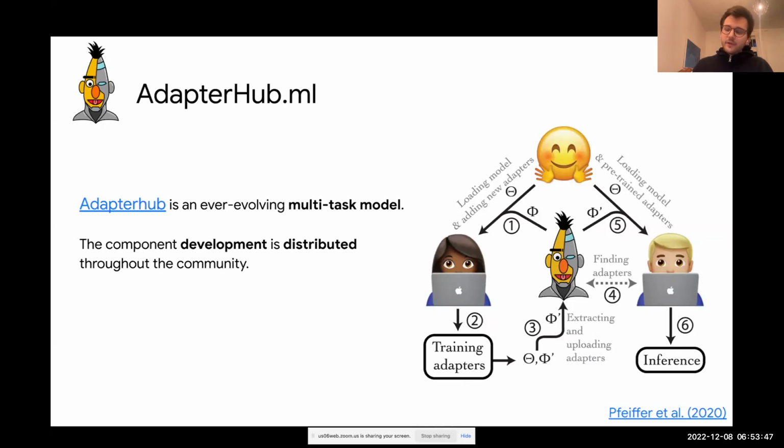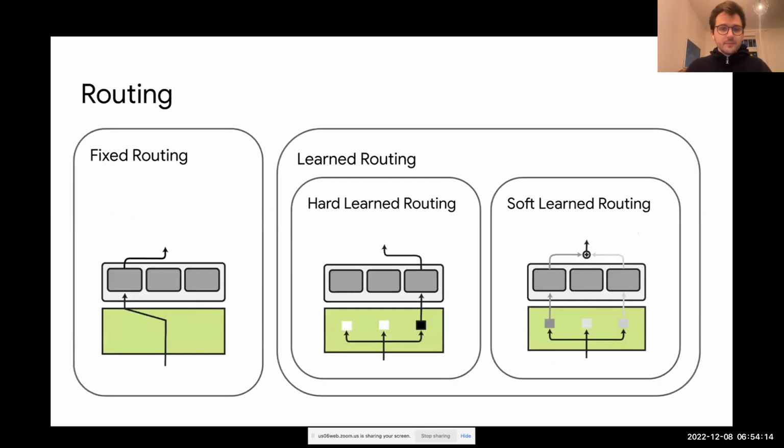And when we look at the framework on the Adapter Hub, which includes hundreds of adapters, then we know which type of adapter should be selected for the respective task, because the metadata that we have available for a specific adapter lets us select an adapter for that specific task in a fixed manner.